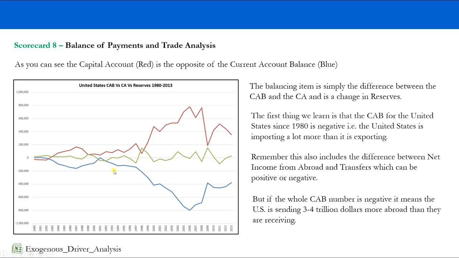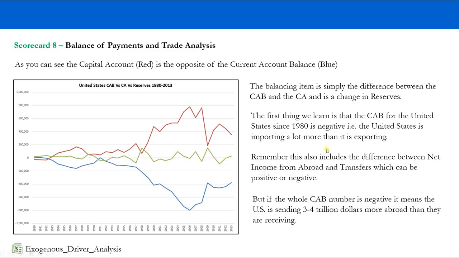And you can see that the red line is very much pictorially looking like the inverse of the blue line. In theory, they're supposed to net each other off. But when they don't, we have what's called a balancing item. And then the difference plus the balancing item equals 0.